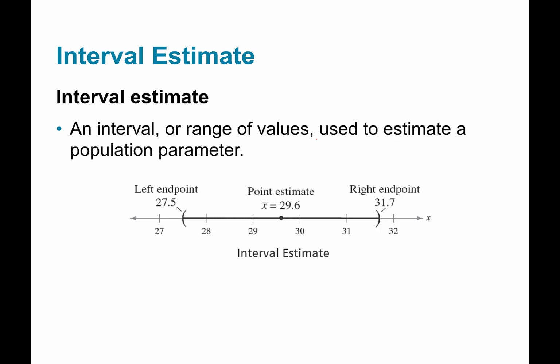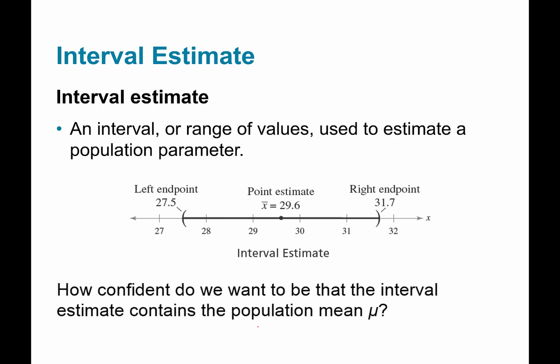But using an interval estimate, we get a range of values that the population parameter can be between. So we are fairly confident that our population mean mu is somewhere in this interval. The question we need to ask ourselves is, how confident do we want to be that this interval estimate contains our population mean mu?